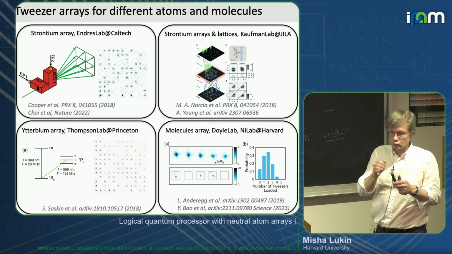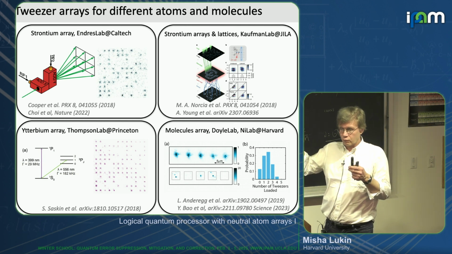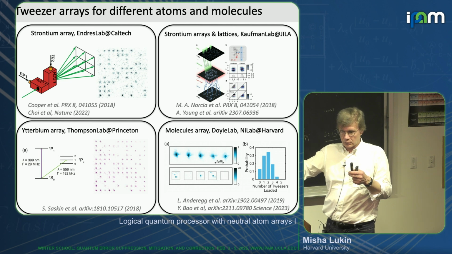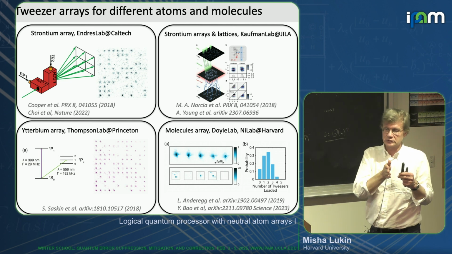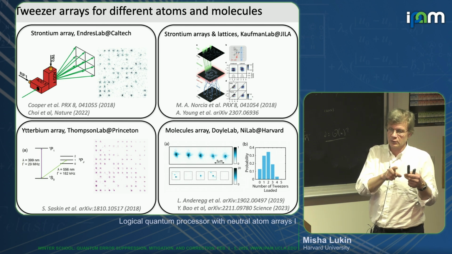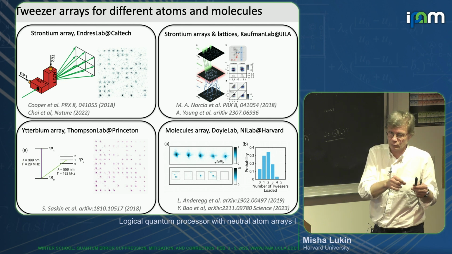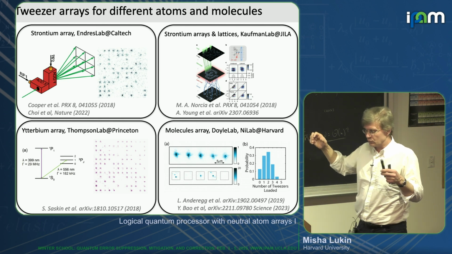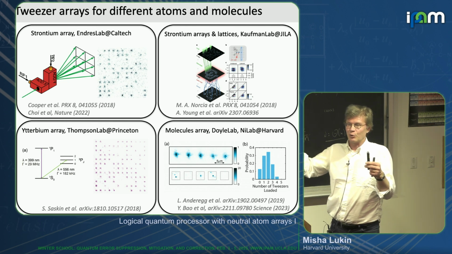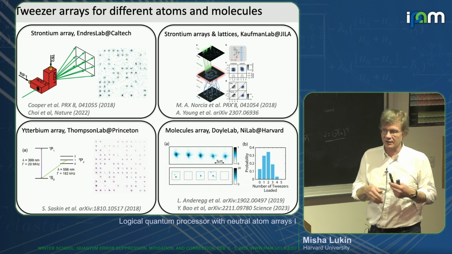So for this reason you would like to work in a regime where you are well within the blockade, but far away from the transition into spaghetti. It's often characterized by something called R star. R star is where the spaghetti starts to matter. So your distance between atoms should be smaller than the blockade radius and larger than R star.